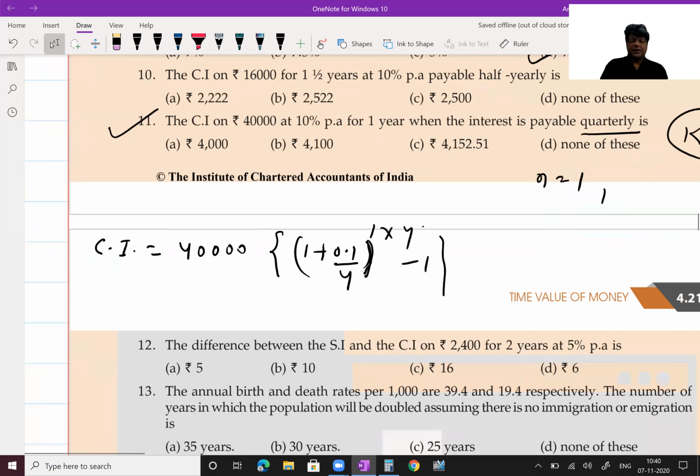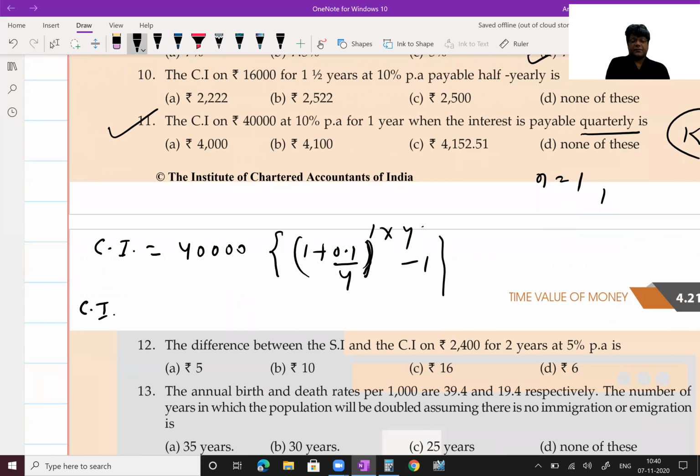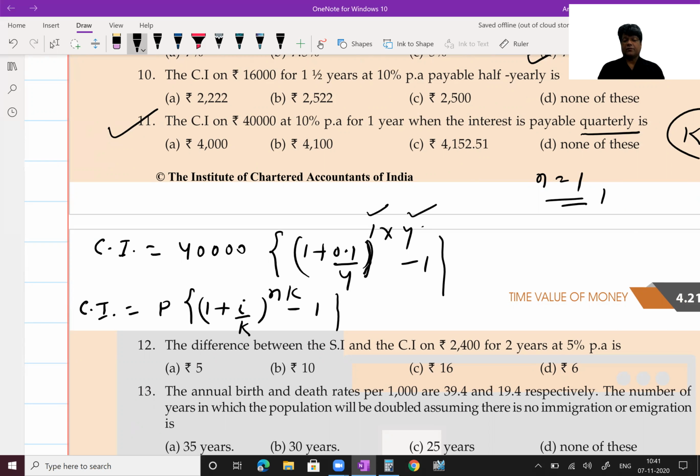Look here, compound interest formula, normal formula: P into (1 plus i) to the power n, minus 1. But when it will be converted quarterly, monthly, half yearly, then the K factor will come, and then what? i will be divided by K, n will be multiplied by K. And that thing has happened here. Here your n is equal to 1 and K is equal to 4.